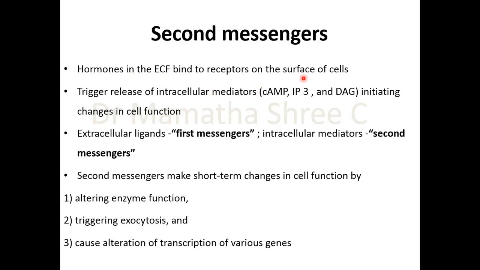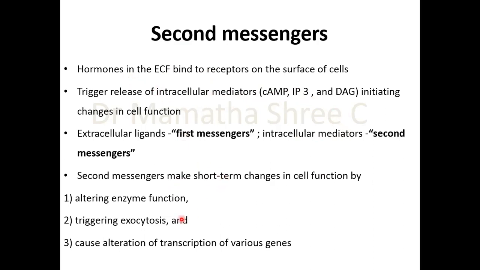They have to act through activating some protein inside the cytoplasm, which can be second messenger mediated. Here the first messenger is your hormone, and the second messenger is that which is going to bring about the changes or actions required for that particular first messenger.